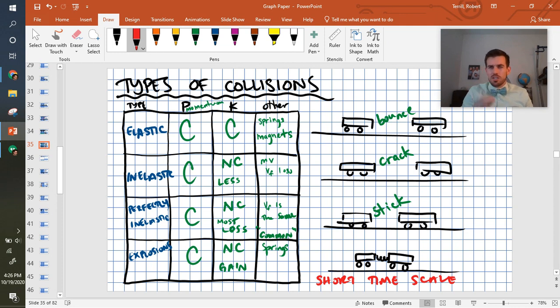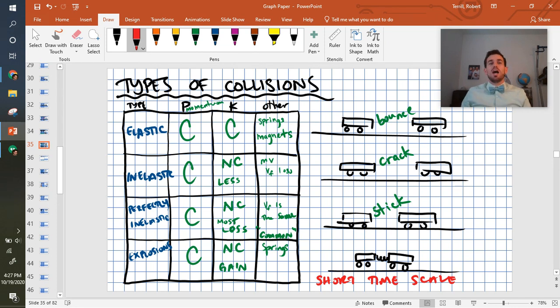But if we talked about just the moment right before the collision and right after the collision, that's so fast that there's barely any time for the force of gravity to change anything about the situation. And then you can go back to treating the momentum as being conserved.